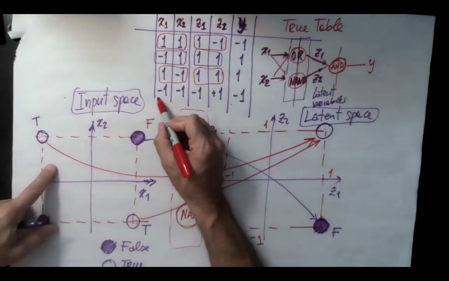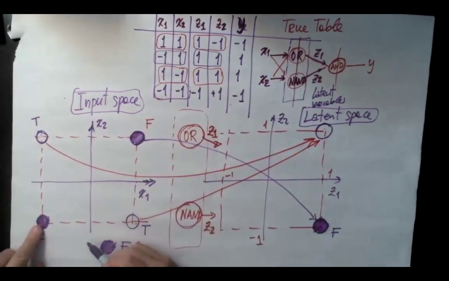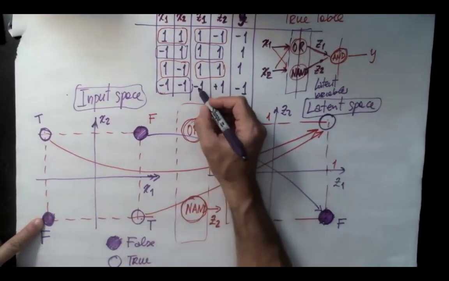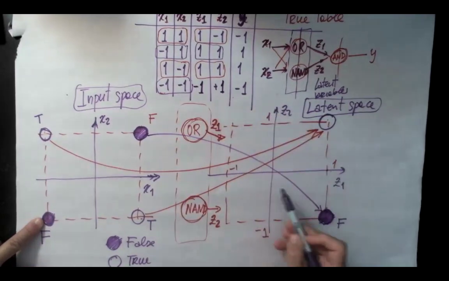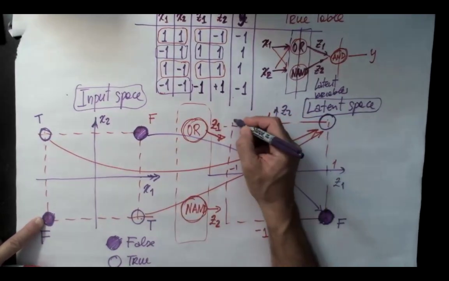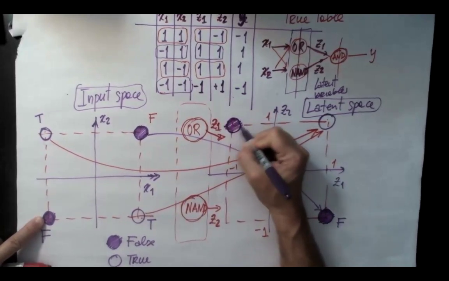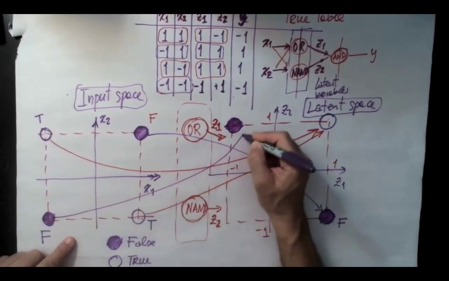And then the last one, -1 and 1, which is here, is mapped to -1 plus 1. It is mapped up here.